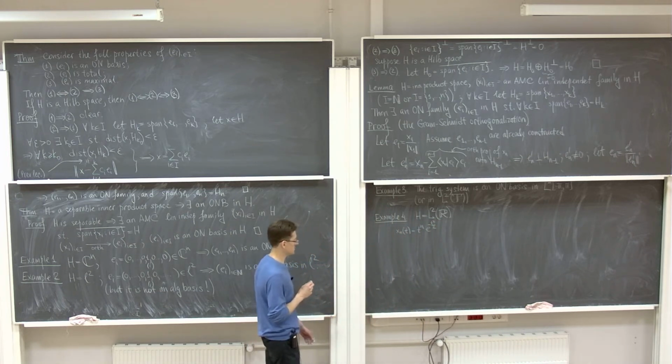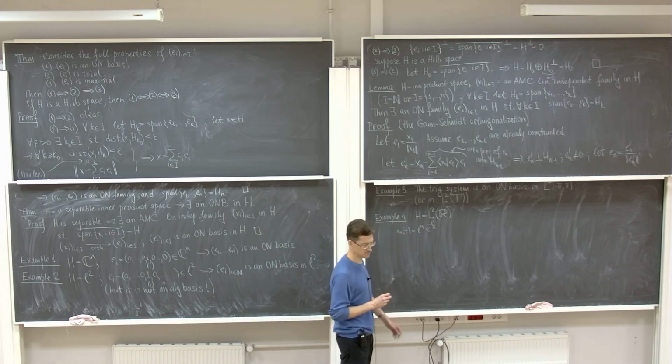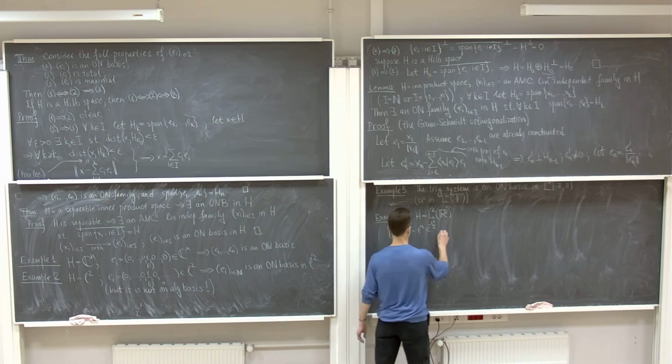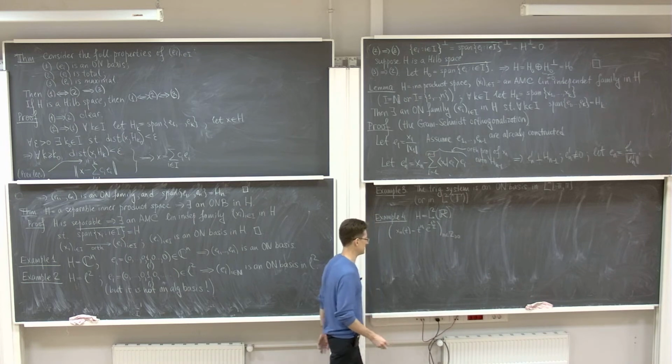So for each non-negative integer n, it's easy to see that this function is in L2. So we can form this function for each non-negative integer n. They are clearly linearly independent.